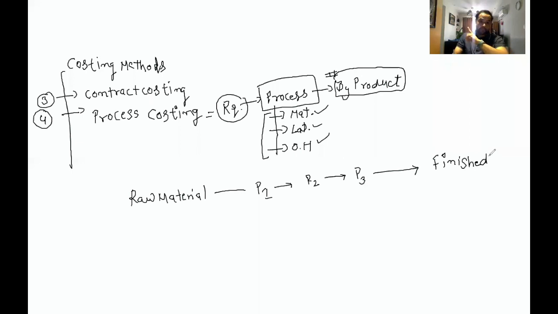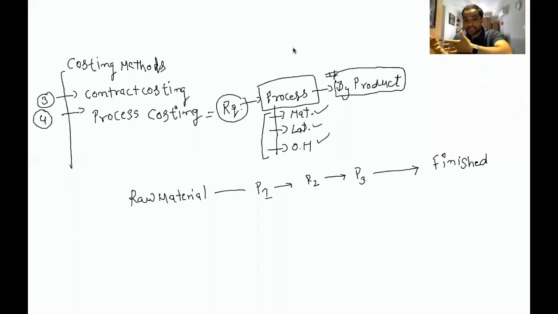So remember, if you want to produce a product, it has 3 steps. Step 1 is buy raw material. Step 2 is start producing.